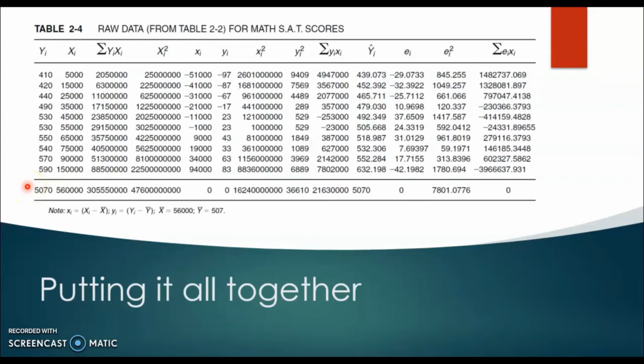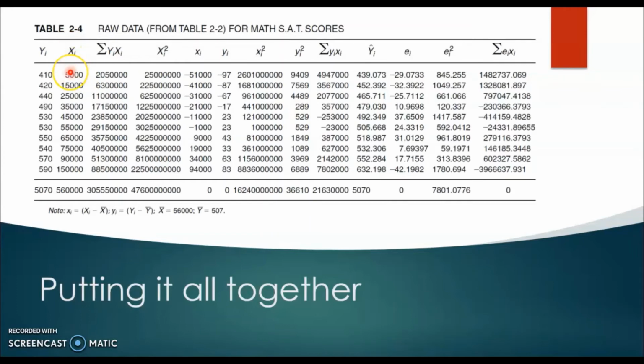Here, the sum of SAT scores for the 10 students in the sample is 5,070 points. So 410 plus 420 plus 440 plus 490 down to 590 is equal to 5,070. And of course, corresponding to each SAT score, we have the corresponding income category.